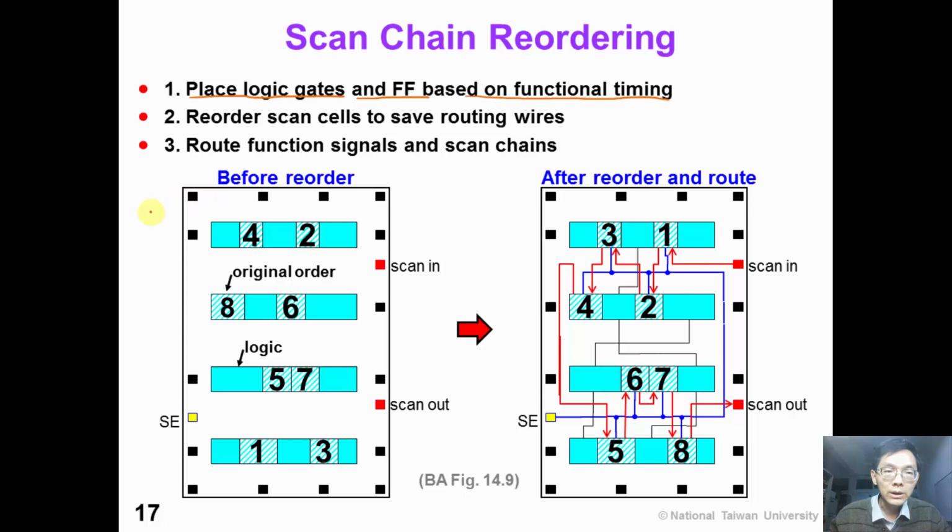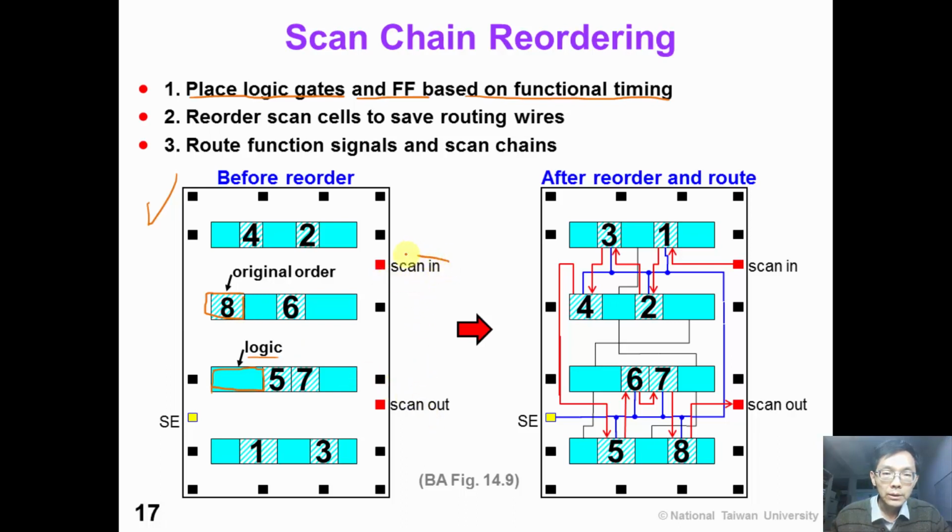As is shown in this figure, the blue rectangles represent logic gates, and the numbered rectangles indicate the scan flip-flops, and the number is the original order in the scan chain. As you can see, this is not a very good ordering for scan chain routing.